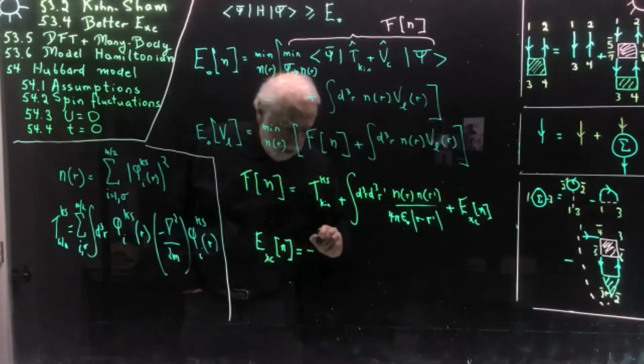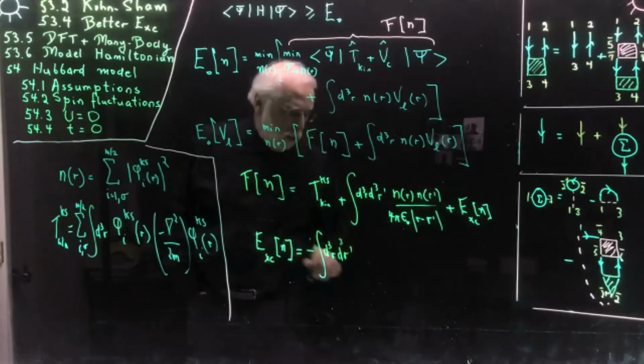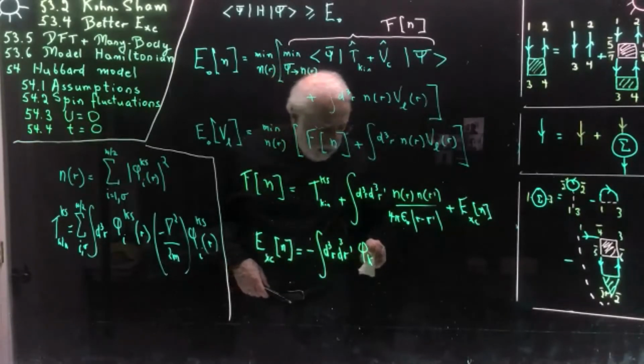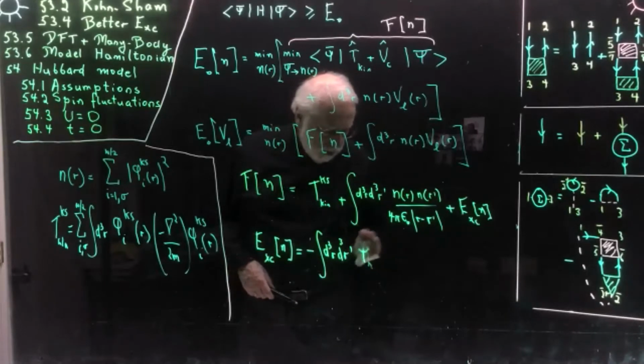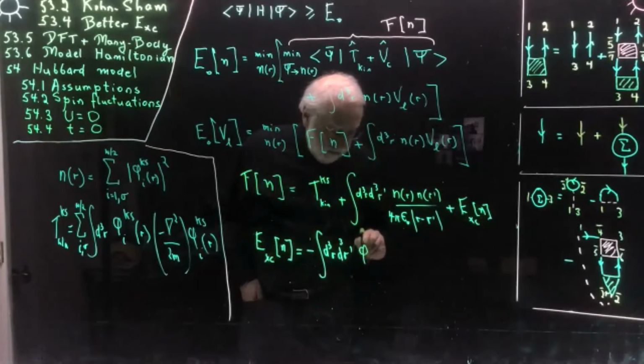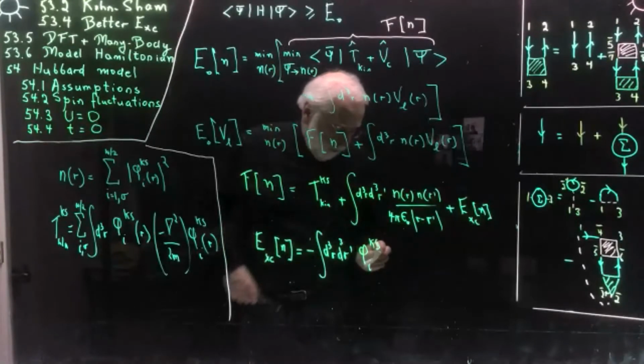So that's minus, and there's a mistake in the last version of the notes. I will correct it today. I'll send an updated version. d cube r prime, and then you have phi Kohn-Sham of i. Oops, I forgot that you need to sum over i and j.